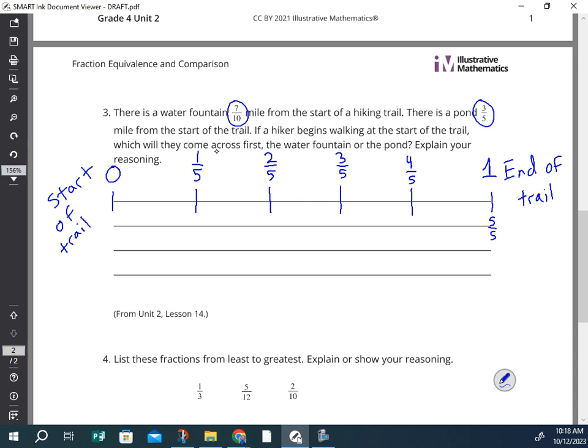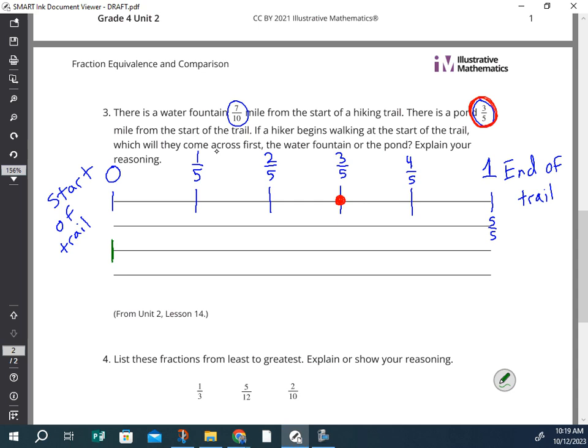I'm just kind of labeling my number line there. And then the 3/5, this is 3/5. I'll use my red there. That's 3/5.